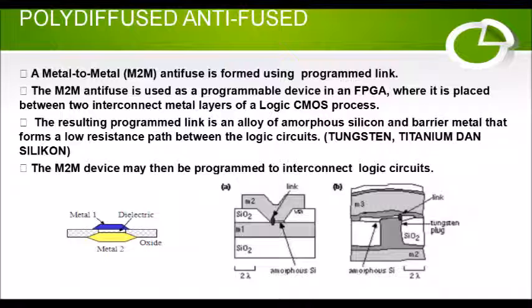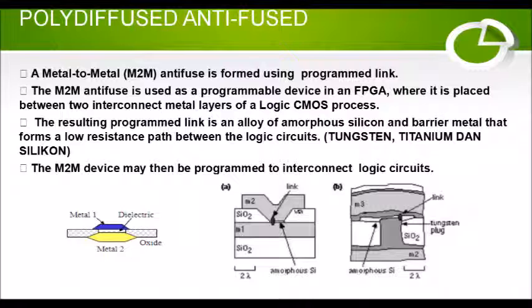Polydiffuse antifuse. A metal-to-metal M2M antifuse is formed using a programmable link. The M2M antifuse is used as a programmable device in an FPGA, where it is placed between two interconnect metal layers of a logic CMOS process.